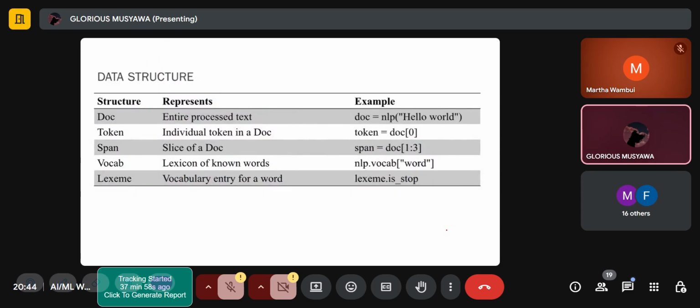So this is just another table to summarize the data structure: a document, a token, a span, a vocab, which seems like an advancement of vocab. In NLP, we have a lot of aspects. It's not as simple as computer vision, honestly, because computer vision is just understanding that this is an RGB image.